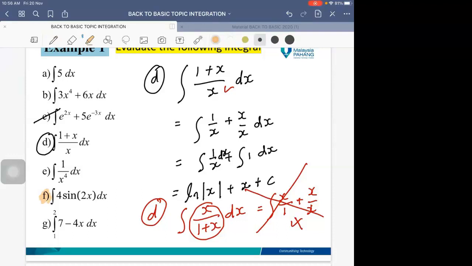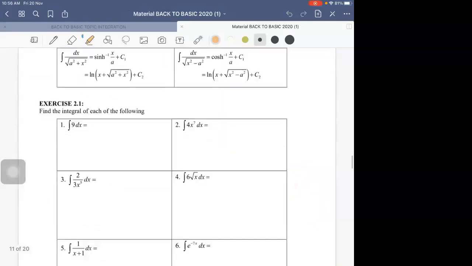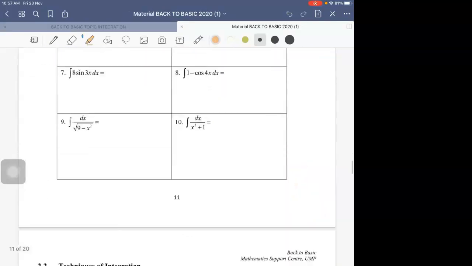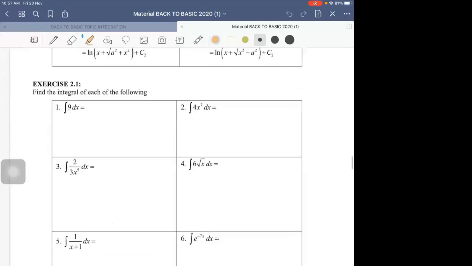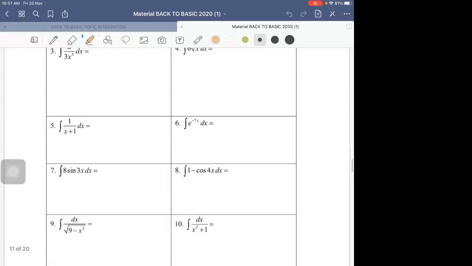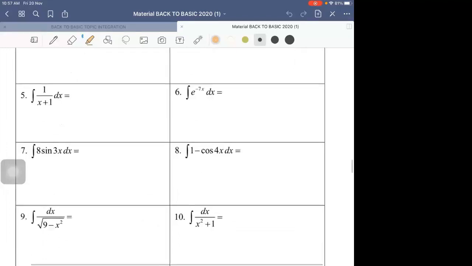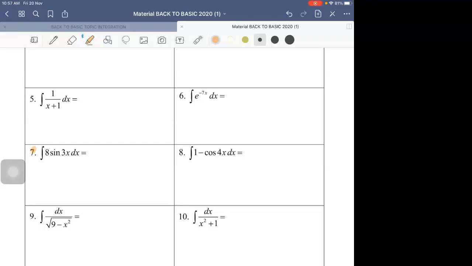Now trigo, please try first. What do you get? We don't have an example of trigo yet. Let me check the material first. Okay, we have the integrate trigo. Let's look at this one.